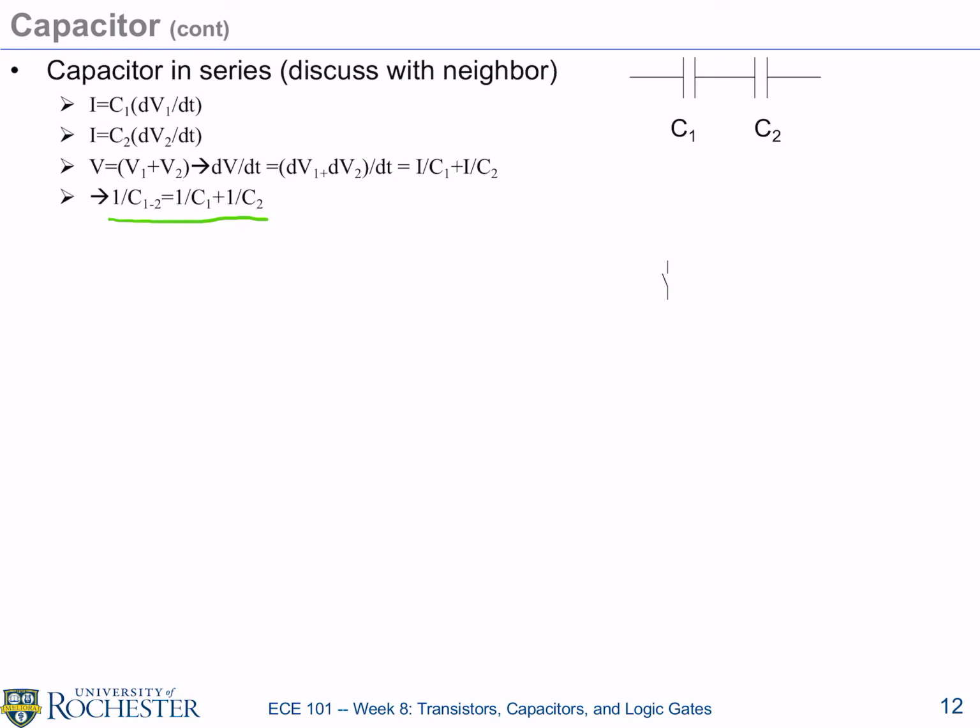The inverse of the equivalent series capacitance is the sum of the inverses of the two capacitances. You can do this, it's the same kind of equation that allows you to derive that. So now, it really doesn't matter because we just need the parallel connection. That's what we have.